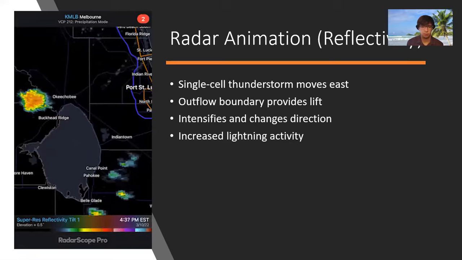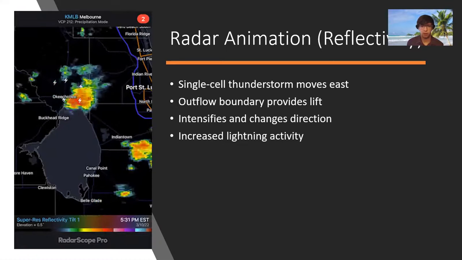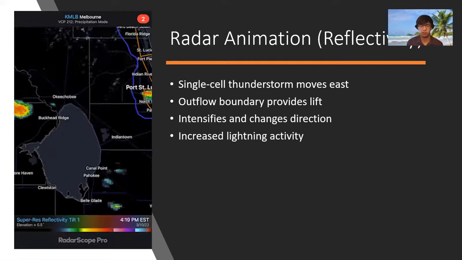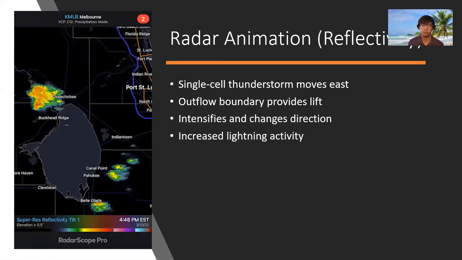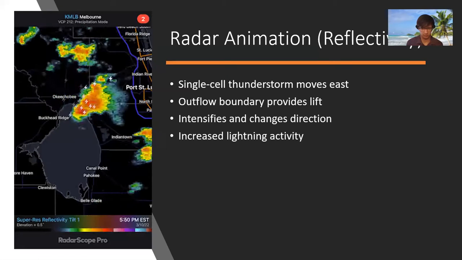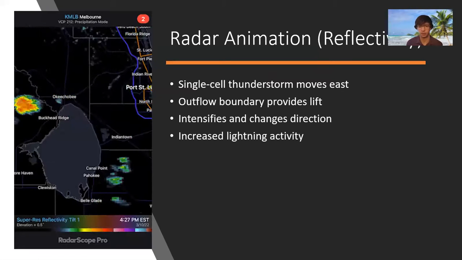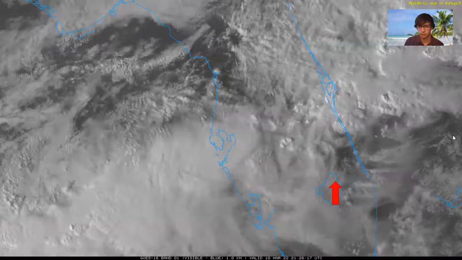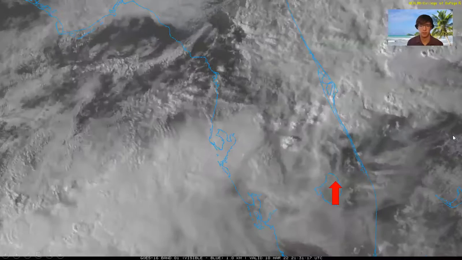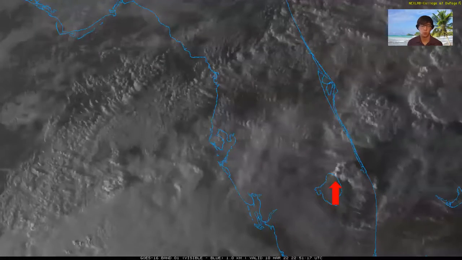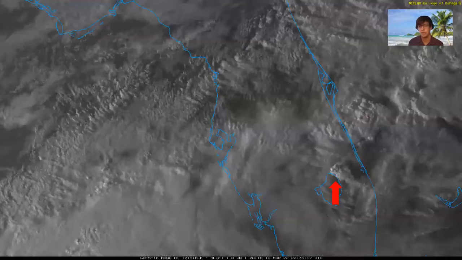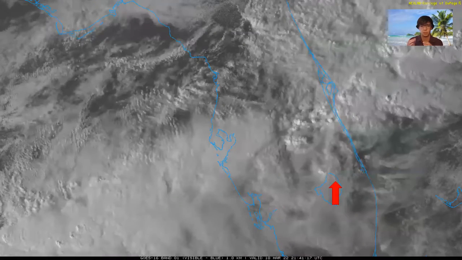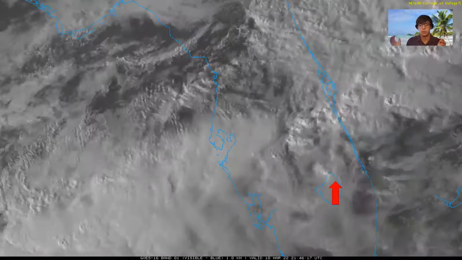That's because these storms like to follow outflow boundaries because these boundaries act as sources of lift, and the thunderstorm will then propagate towards that area of lift. And sometimes that area of lift will help the storm create an updraft so strong that eventually the thunderstorm is surrounded by air that's colder than itself.